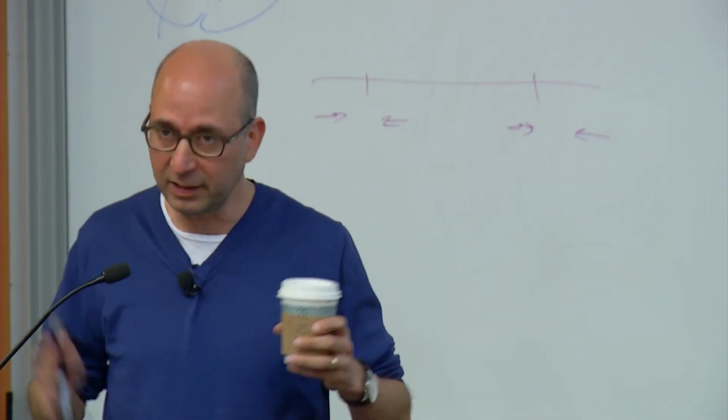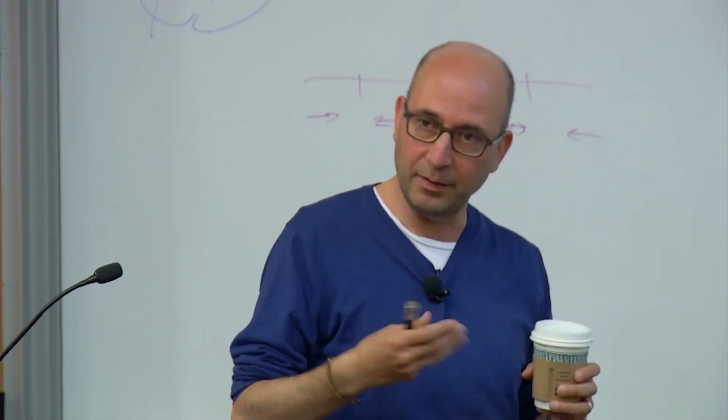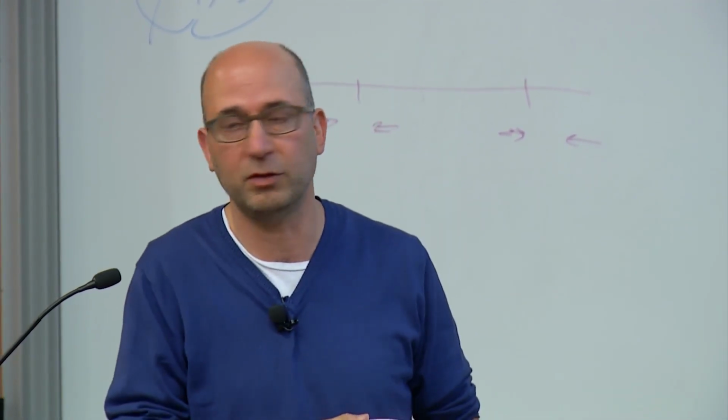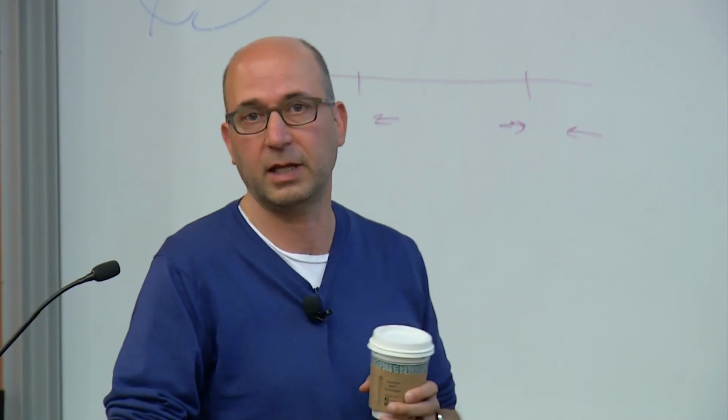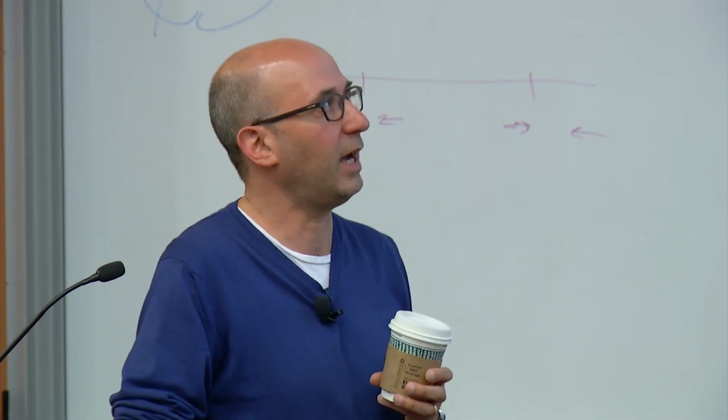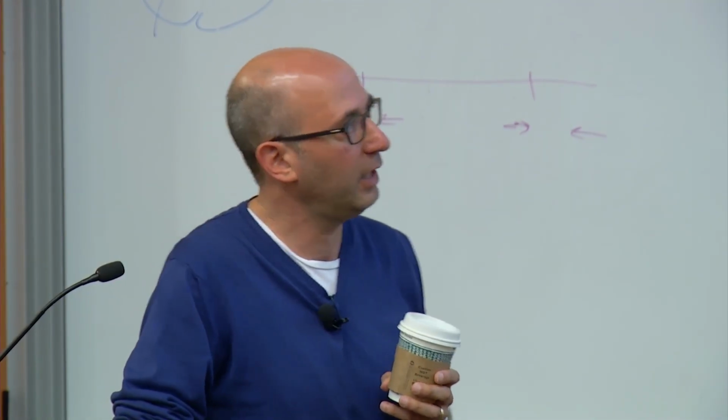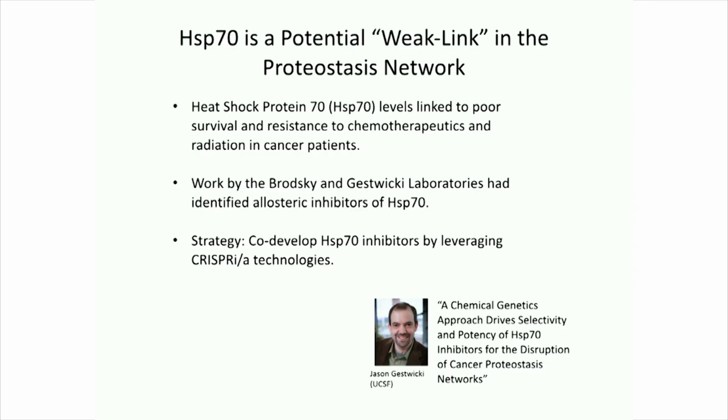And I'll talk a little bit about some work that uses a chemical genetic approach, a combination of small molecule inhibitors plus these types of systematic approaches to try to do this empirical mapping out. This is really work that we've been doing with a colleague of ours at UCSF, Jason Gestwicki, who's a spectacular chemical geneticist, who has made a series of small molecule inhibitors of a key chaperone called HSP70.